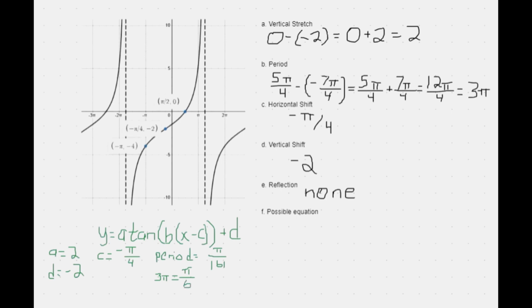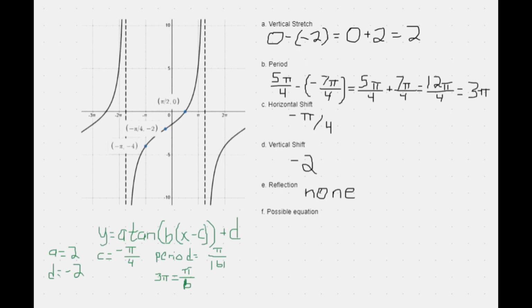Yeah, so basically we have 3 pi is equal to pi over b, and then we can just solve this for b. To solve for b, we can multiply both sides by b and then divide both sides by 3 pi.